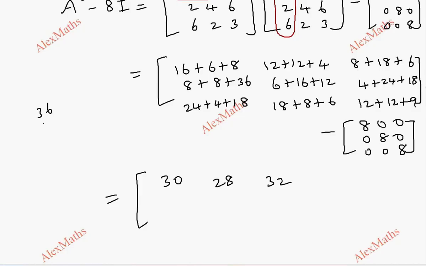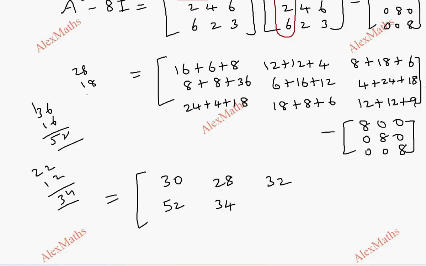So 36 and 16, 2, 1, so 52. Then this is 18 and 22, 22 and 12. So this is 34. Here 28 and 18. 6, 4. So 46.